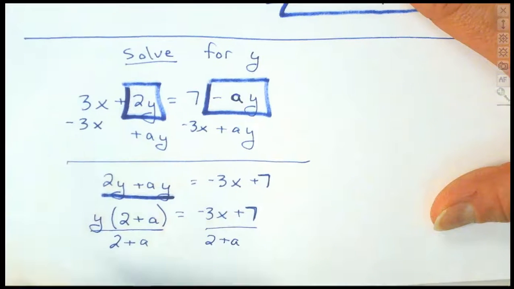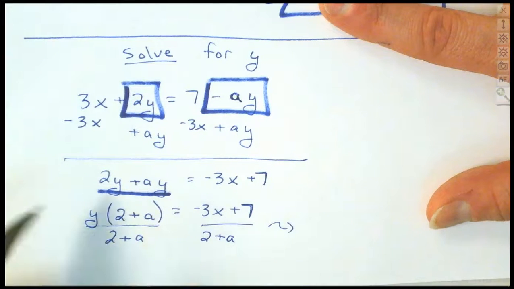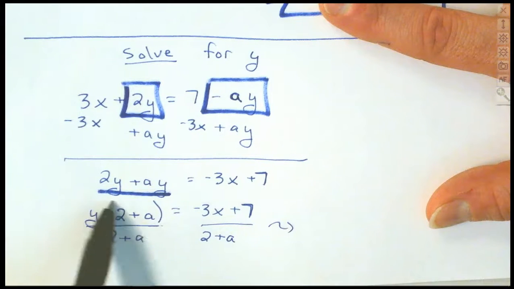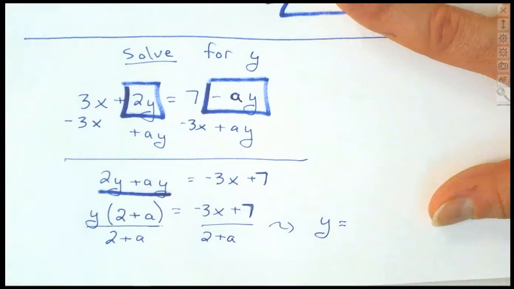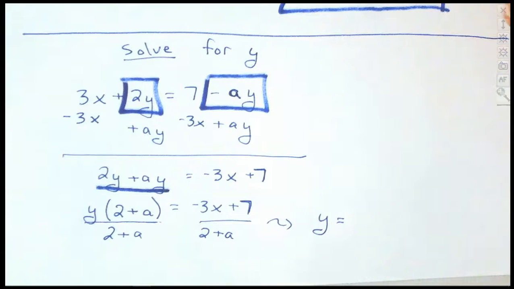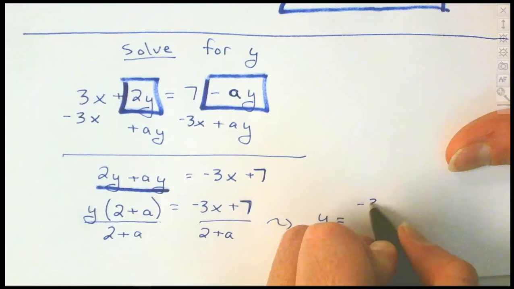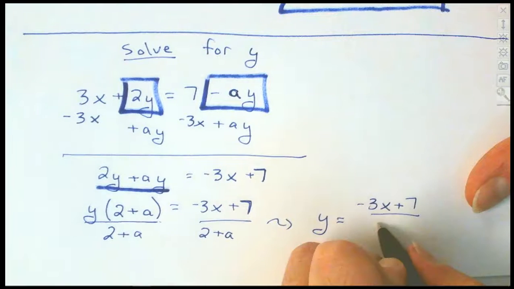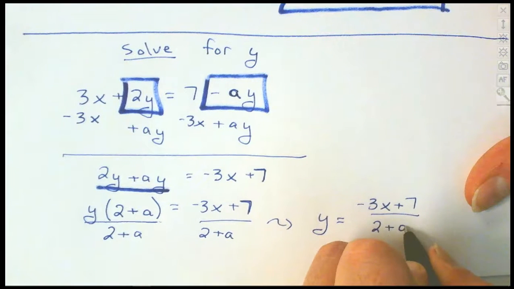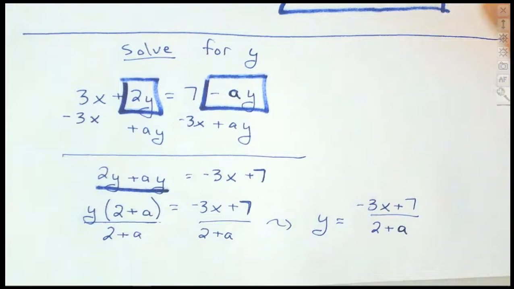Now we rewrite it, and that's it. Because the 2 plus a's cancel, we are left with y, which is what we want, on the left-hand side. What does that give me now on the right? Yep, minus 3x plus 7 over 2 plus a. And that's it. We're done.